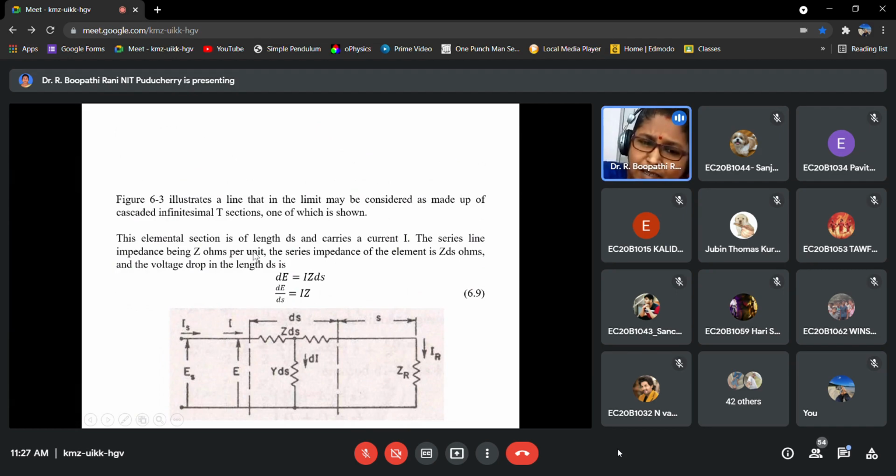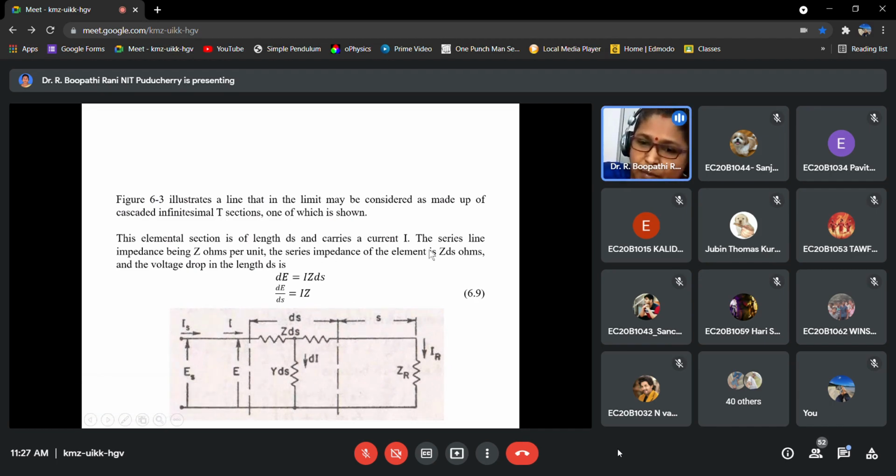This elemental section is of length ds and carries a current I. We are considering only a small length of a transmission line, and that length we consider as ds, and it is carrying current I. The series line impedance is Z ohms per unit length.